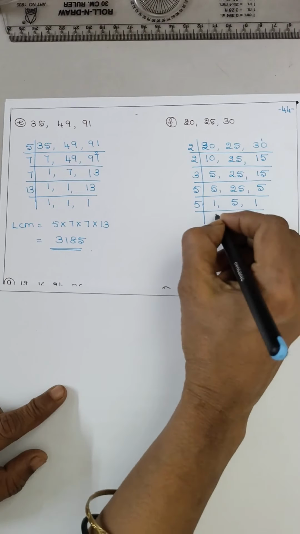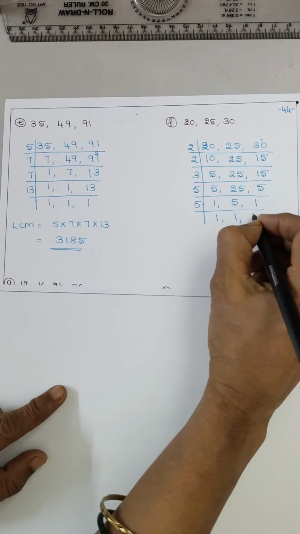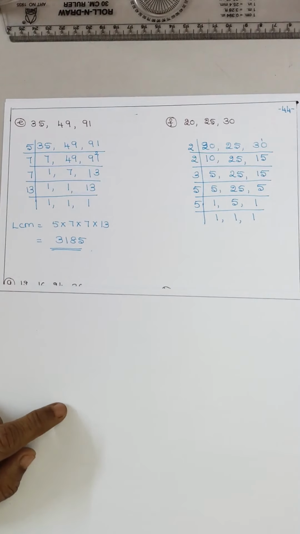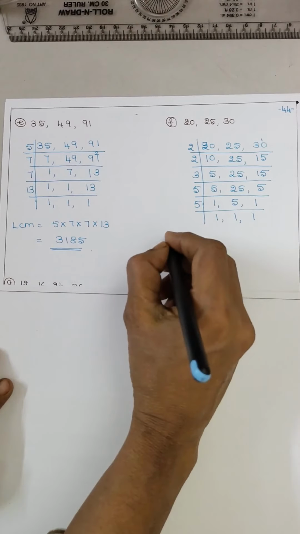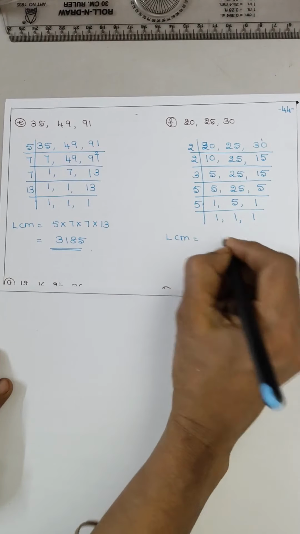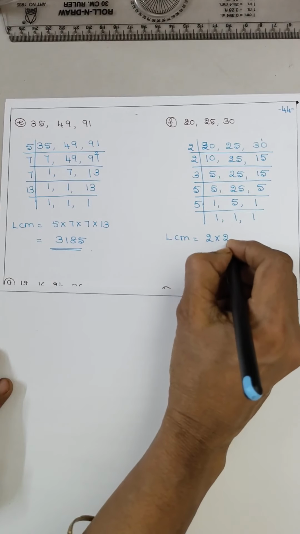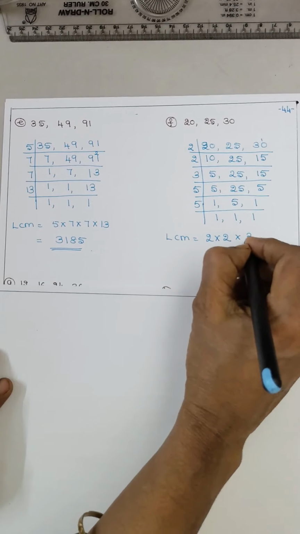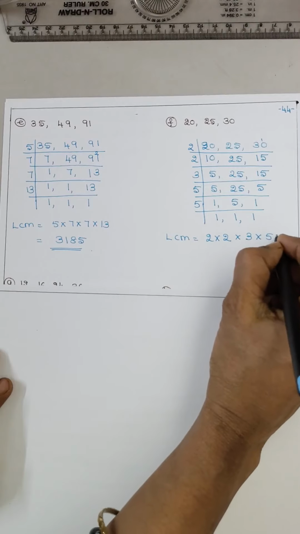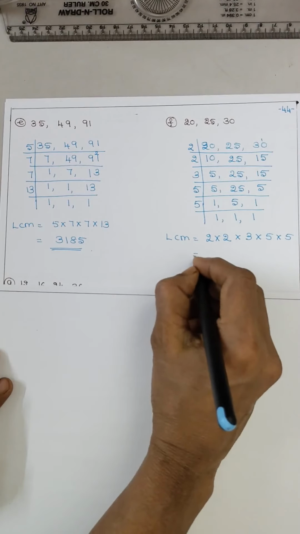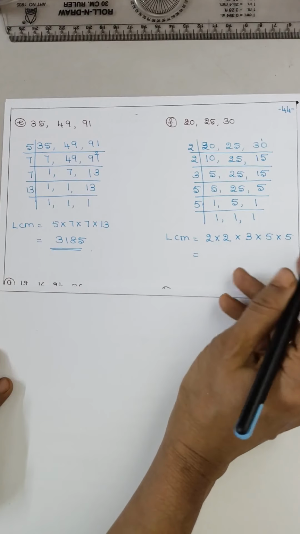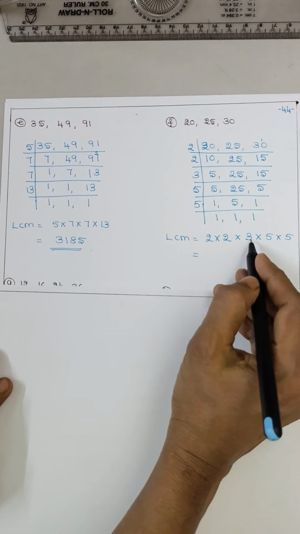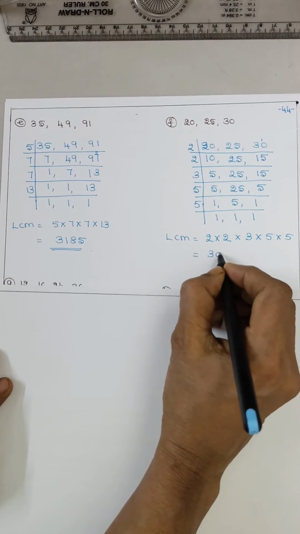Again 5, 1 as it is, 1 5 is 5, 1 as it is. Is it clear? So LCM is equal to 2, 2 times, 3, 1 time, 5, 2 times. 2 2s are 4, 2 5s are 10, 10 10s are 100, into 3, 300.